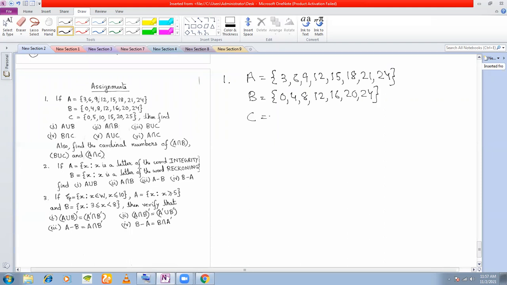And the set C here is 0, 4, 5, 10, 15, 20, and 25. These 3 are the sets. First question is you want to find out A union B. So A union B is nothing but the union of these 2 sets.